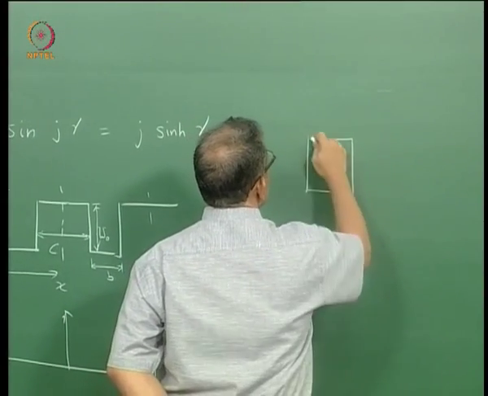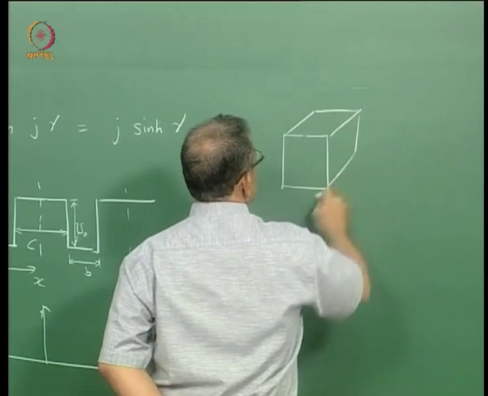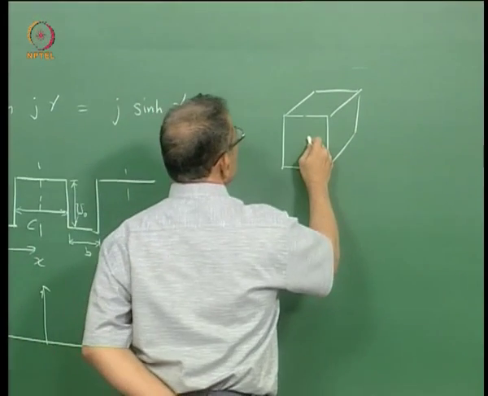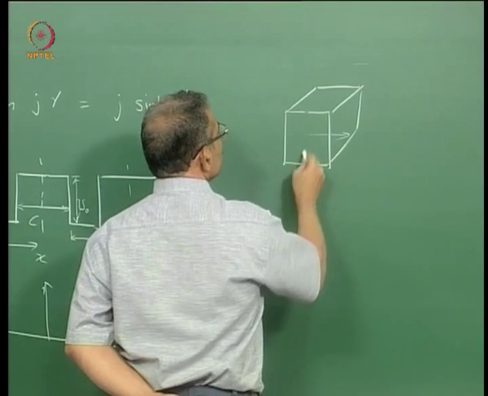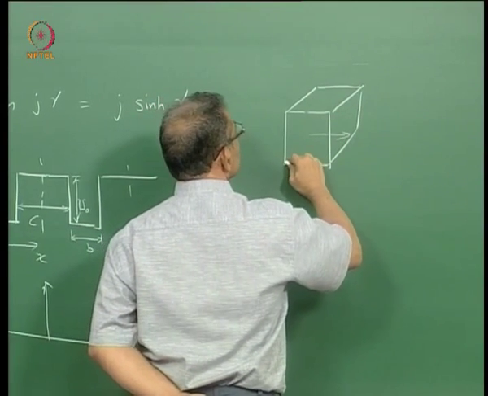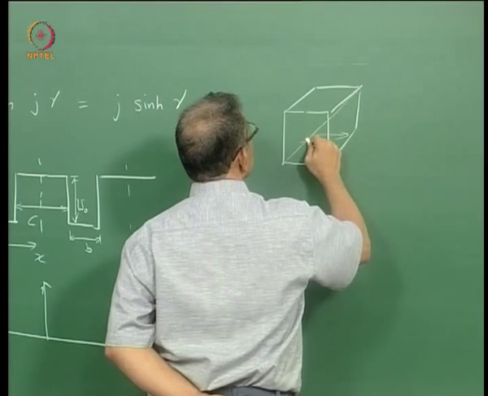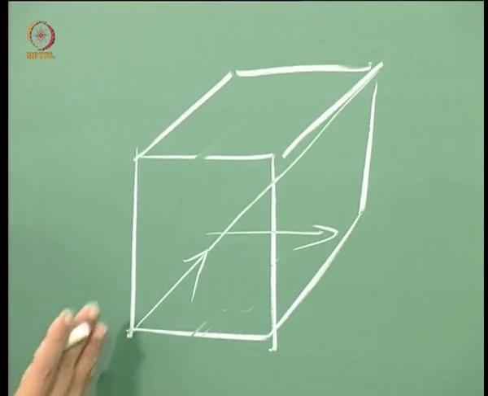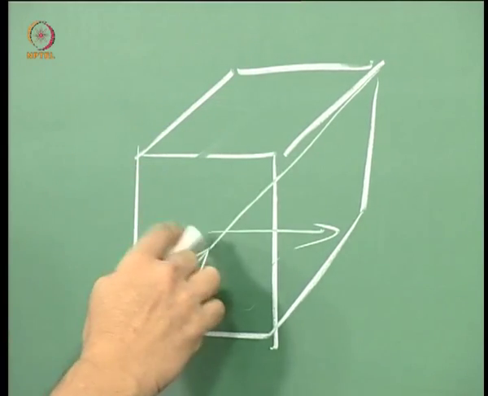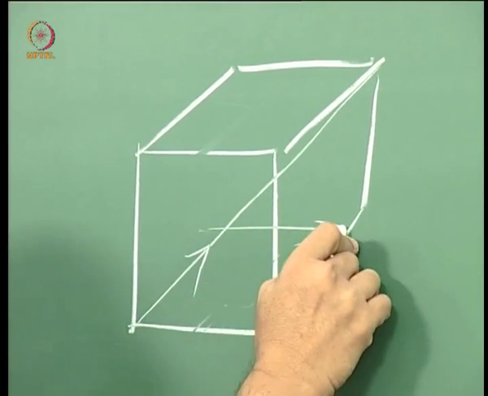So for example, say this is the crystal. Now you can move in this direction, or you could move in the diagonal direction. And you will get some Ek diagram because you will get some periodicity of the potential, and you will get a different periodicity if you are moving in this direction.